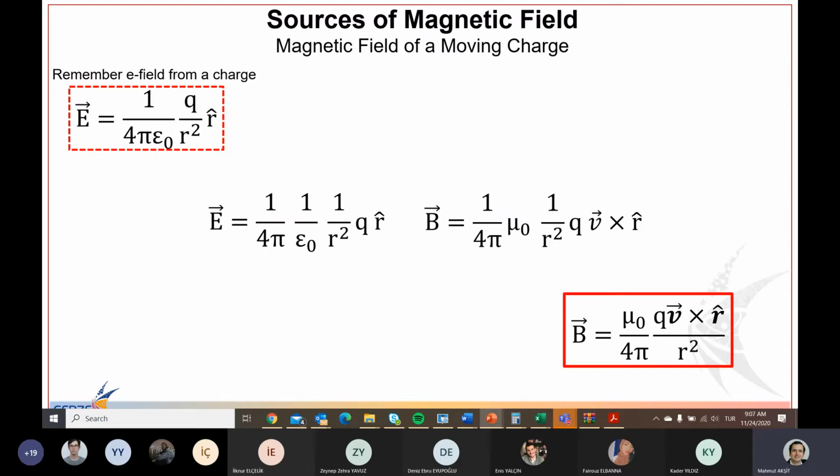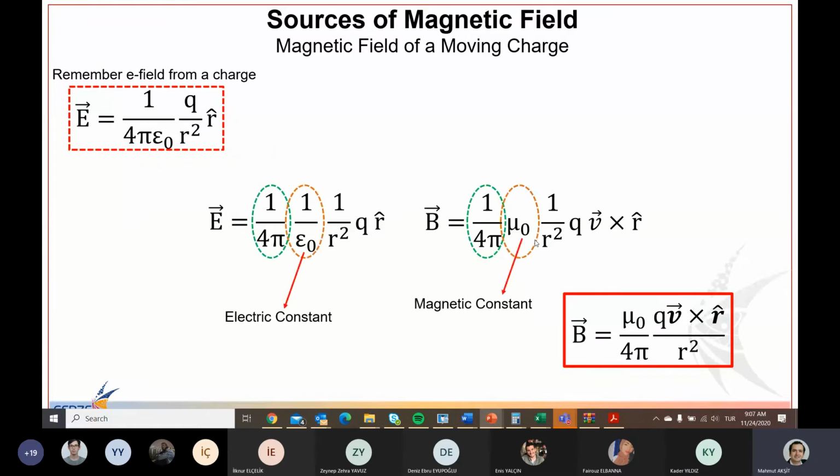It was in the radial direction. Magnetic field is very similar to that. We have 1 over 4 pi, instead of 1 over epsilon 0, we have mu 0. Okay, magnetic constant. And we have 1 over r square as well.